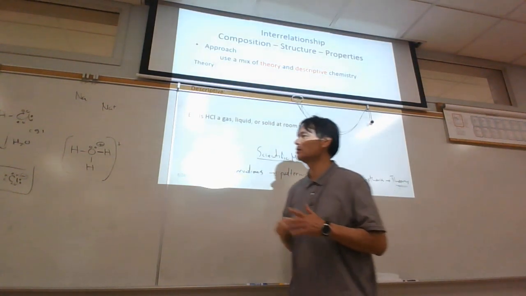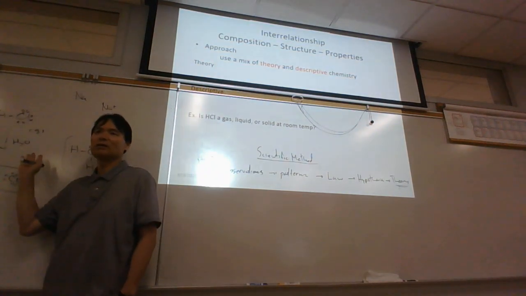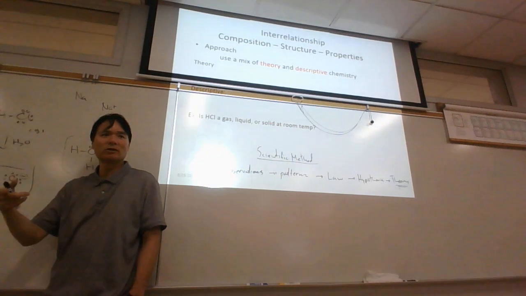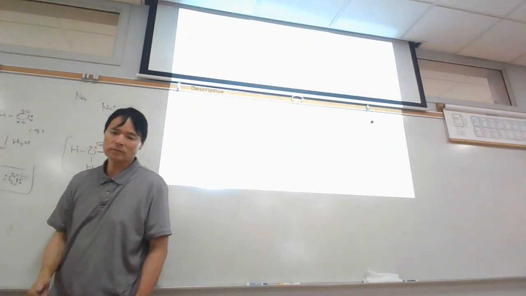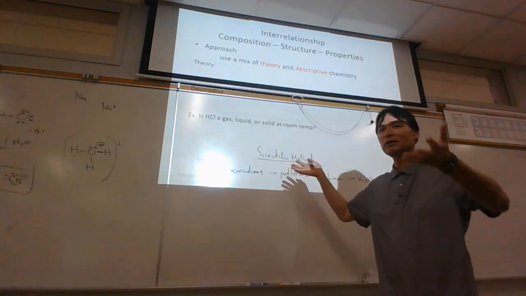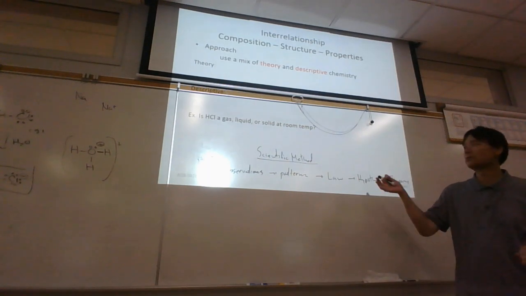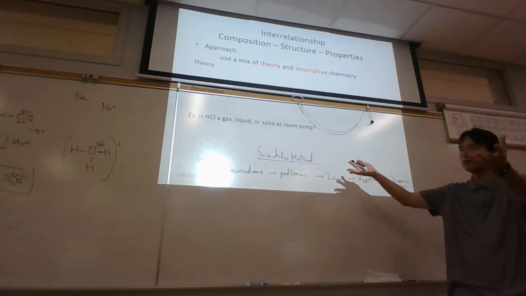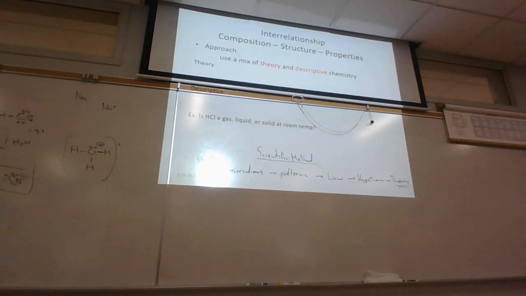And so if we knew the theory of HCl, then we can just predict everything. Will it react with platinum? Well, let me check the theory. The theory says no, it's not going to react. And so what is that theory? What is the theory of chemical properties? This composition structure. What's the theory, the fundamental description of this relationship that we're trying to develop?